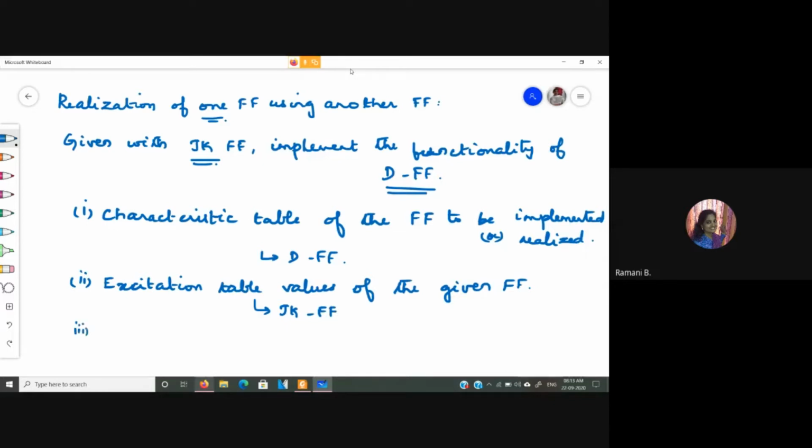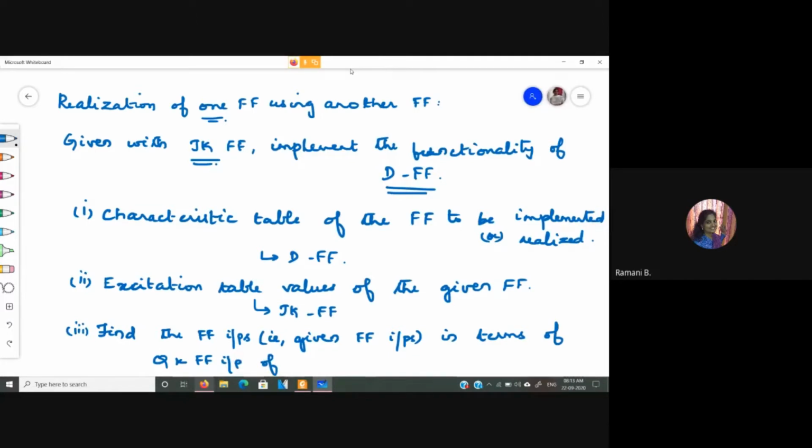Next, find the flip-flop inputs corresponding to that of the given flip-flop, that is, the given flip-flop inputs in terms of Q and the flip-flop input of the flip-flop to be realized.